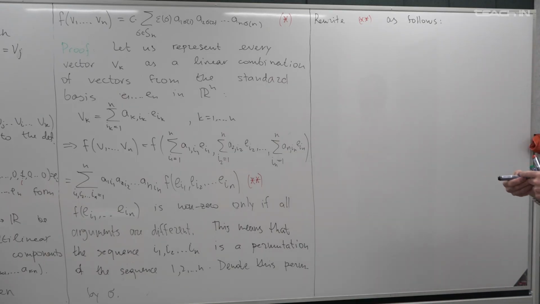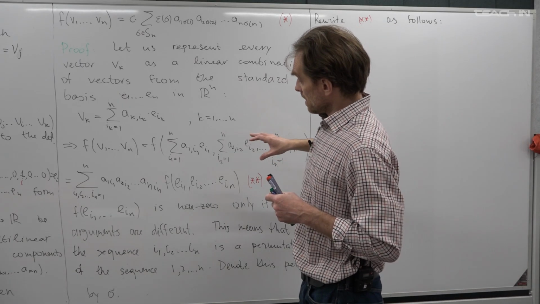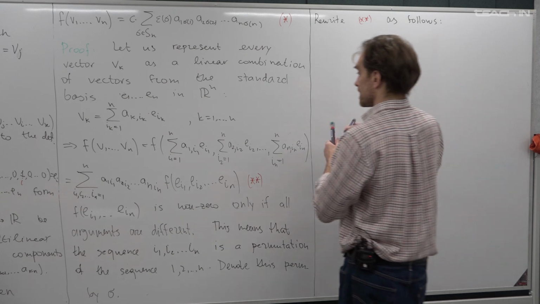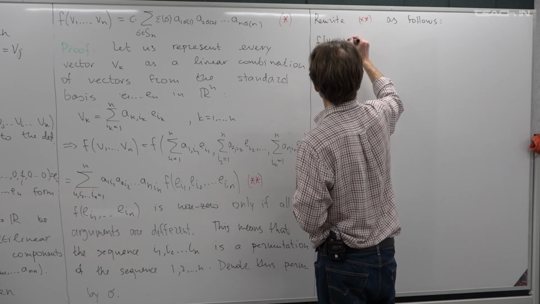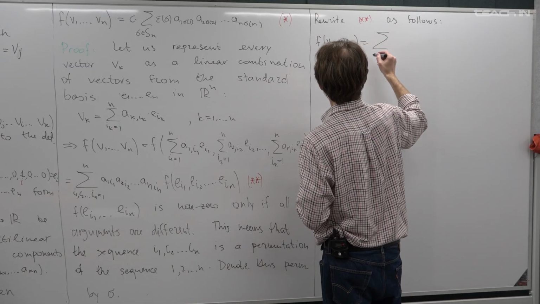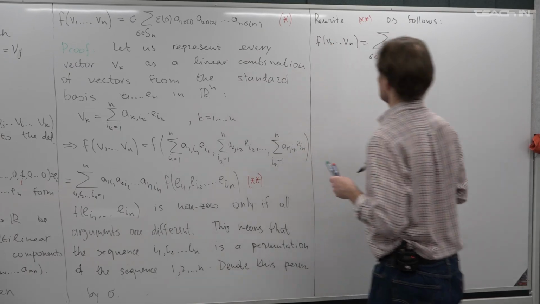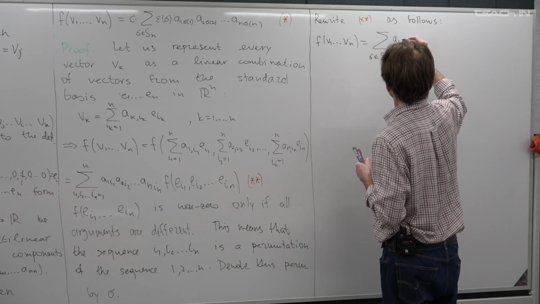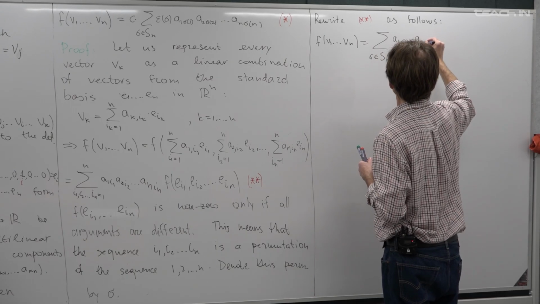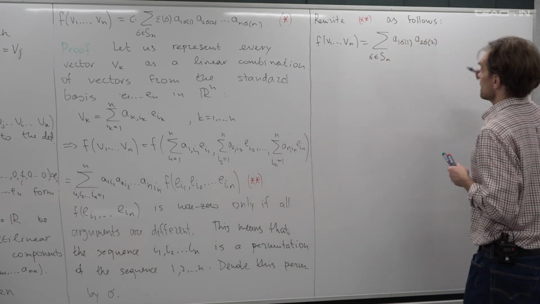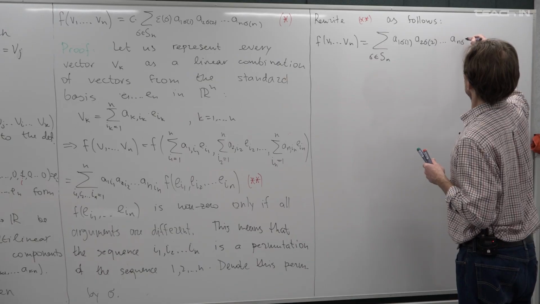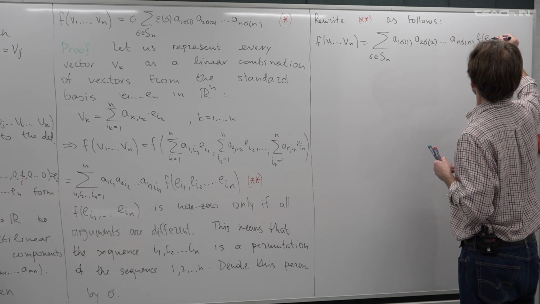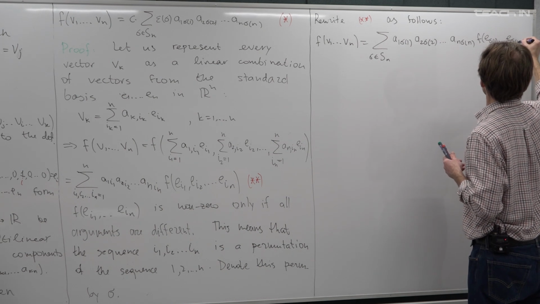So since only the terms that correspond to some permutation are non-zero, we can represent f of v1, etc., vn as the sum over all permutations from our symmetric group of the form a sub 1 sigma of 1, a sub 2 sigma of 2, etc., a sub n sigma of n, multiplied by f of e sigma of 1, etc., e sigma of n.